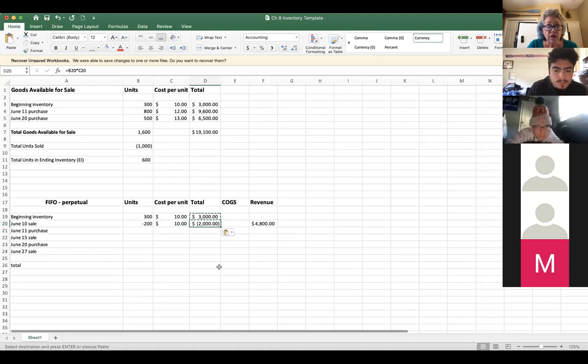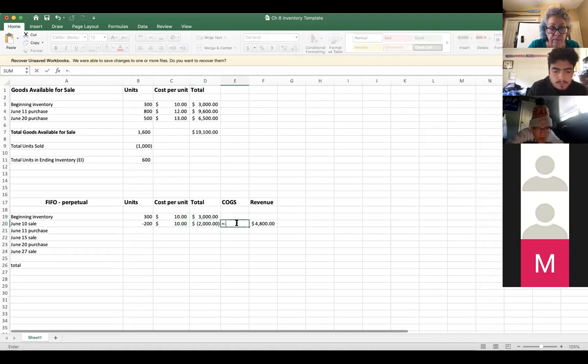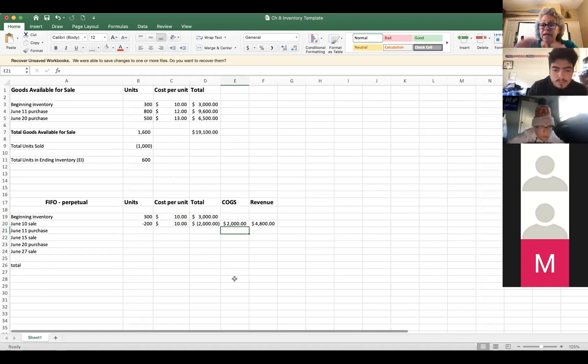So my cost of goods sold was $2,000. So I want to keep track of what my cost of goods sold is, because I know that once I subtract cost of goods sold from the 19,100, my goods available for sale, I'll end up with ending inventory.